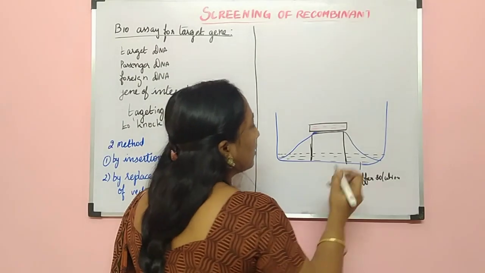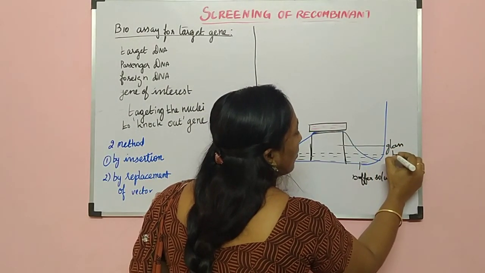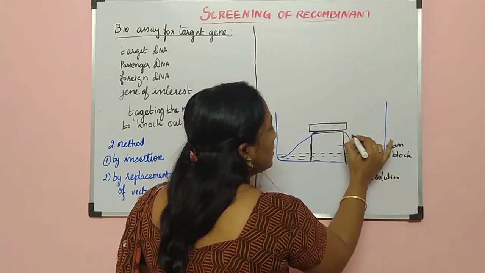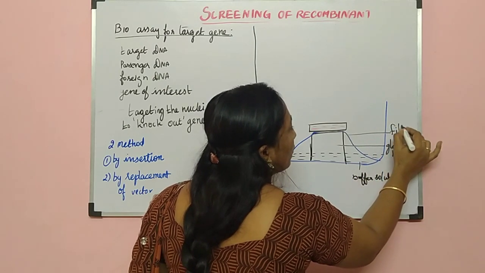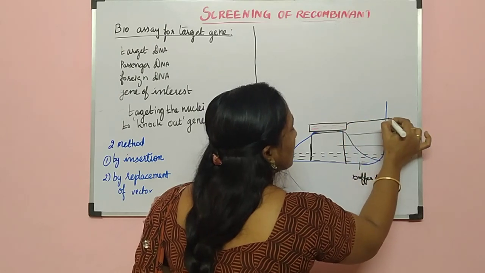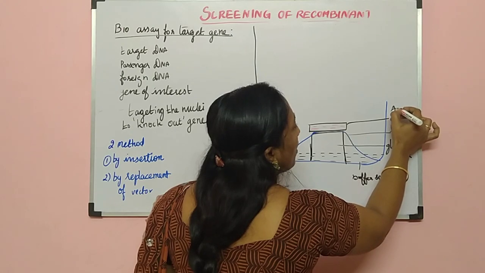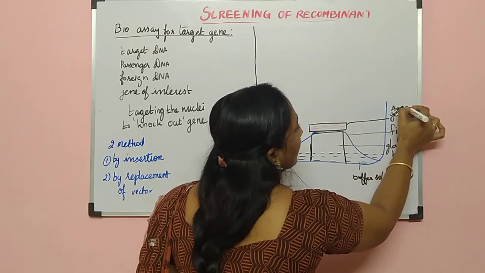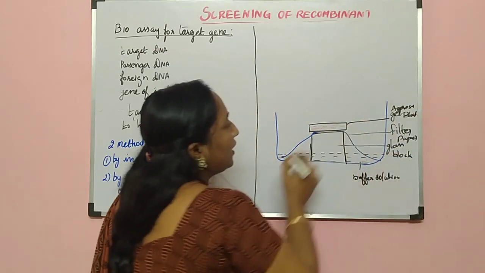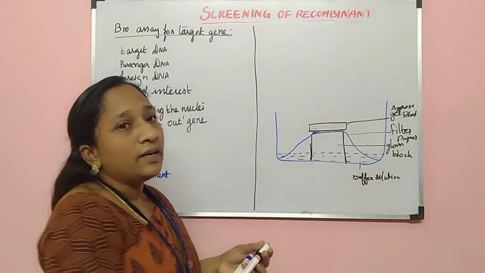So this is the glass block, this is the buffer solution, this is the filter paper, and this is the gel, that is the agarose gel block, which has the DNA strands. With the help of the agarose gel we have separated the DNA fragments.